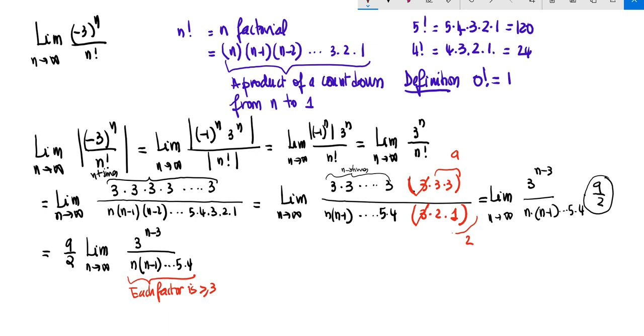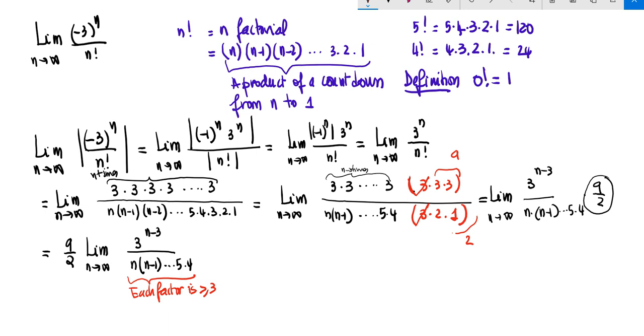Each one of them is larger than 3 here, and as n is getting larger and larger, the numerator is getting bigger and bigger, and the denominator is getting bigger and bigger.